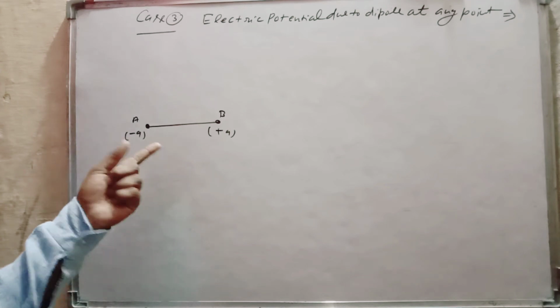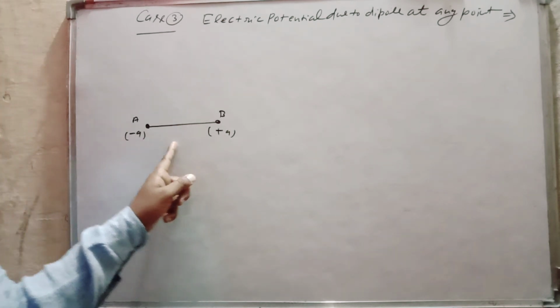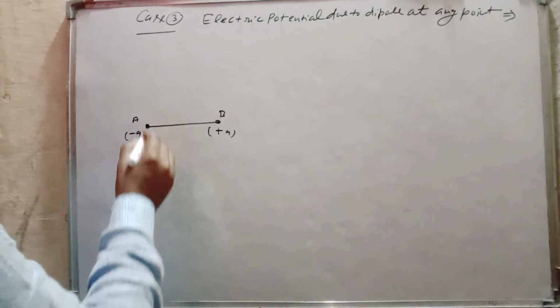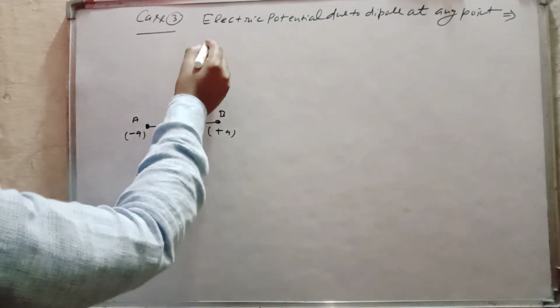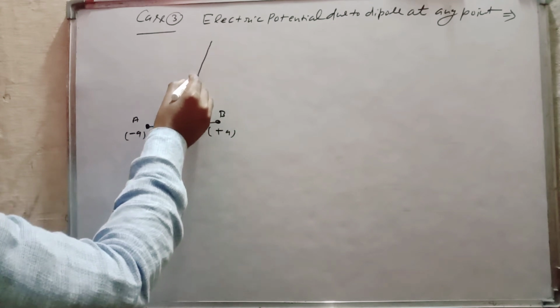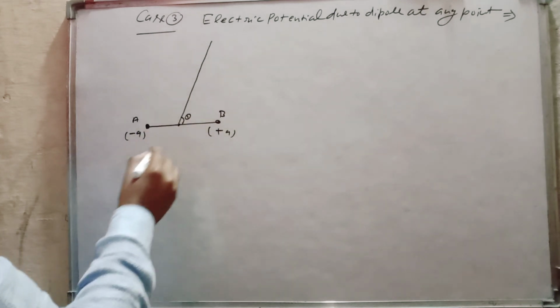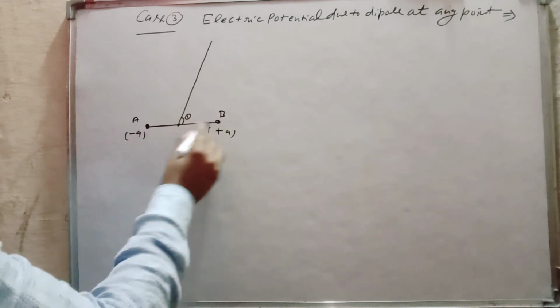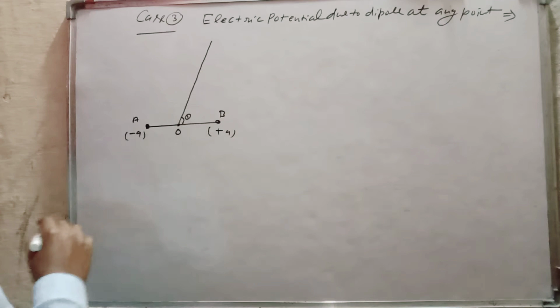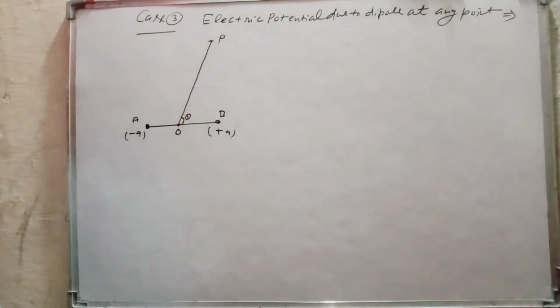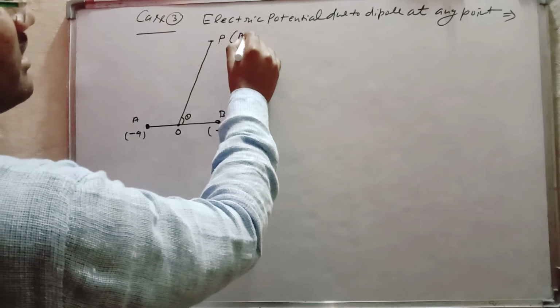An electric dipole is a system of two charges of the same magnitude but opposite nature. And here we take a line which makes an angle theta with the axis of the dipole. This one is the midpoint of the dipole, and now here is a point P where we have to find the electric potential due to the dipole. That means this point is any point.